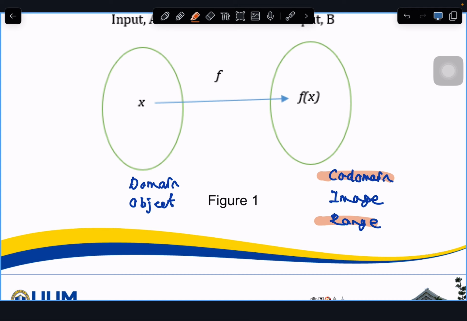Codomain and range, are they the same or are they different? If they are the same, okay, fine. If they are different, why are they different? Normally I cannot put that one. If I put that one, then you will know the answer.